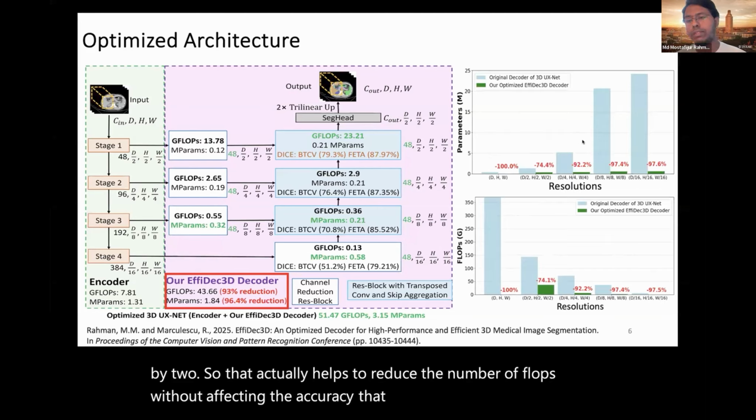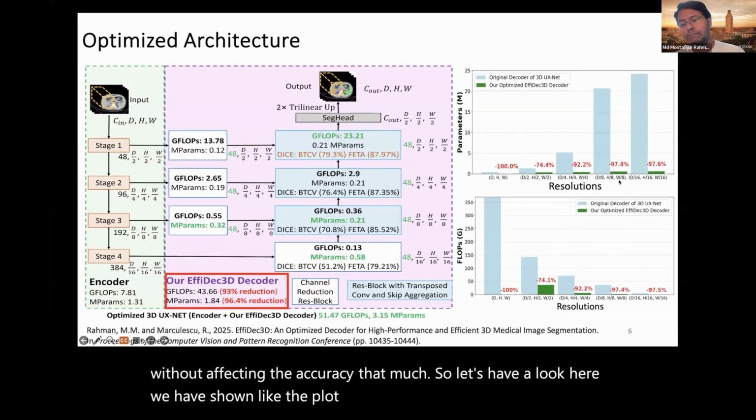So let's have a look here. Here we have shown the plot for different resolutions, compute requirements, parameters and FLOPs.